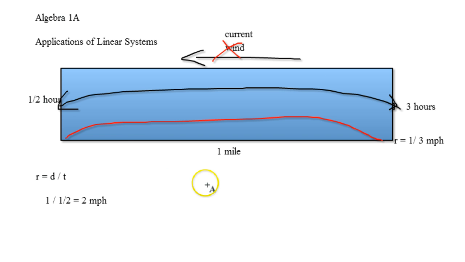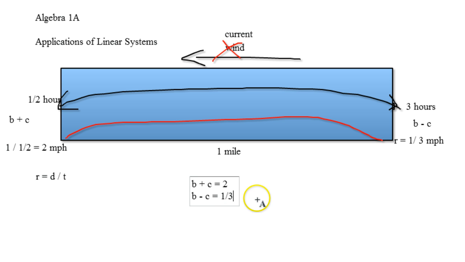So we can actually find the speed of the current this way too. Instead of A, we're going to use B. So this is boat plus current, and this is the speed of the boat minus current. You set up the problem the same exact way: B plus C equals 2 and B minus C equals 1/3.